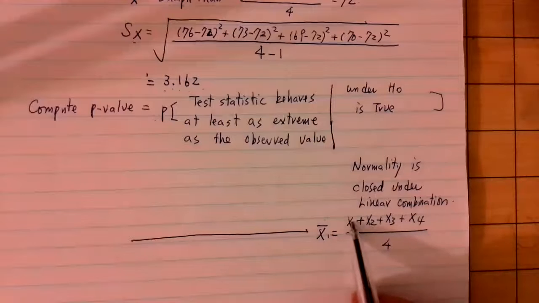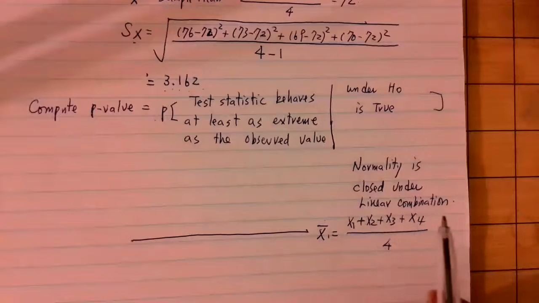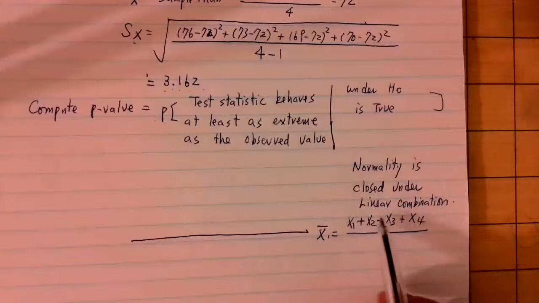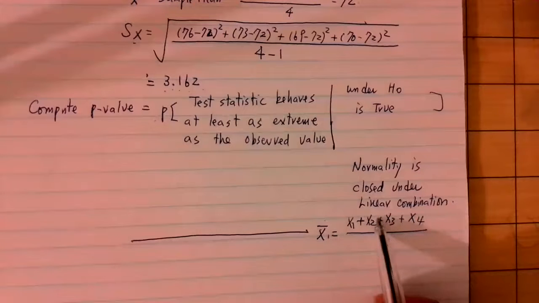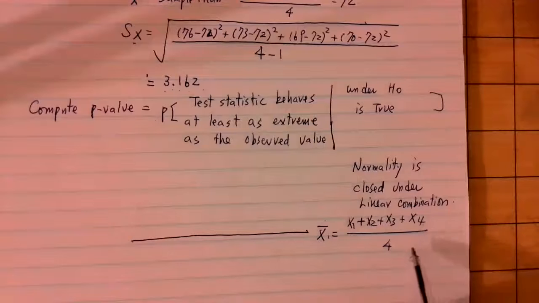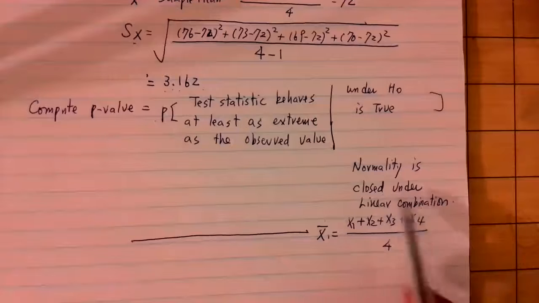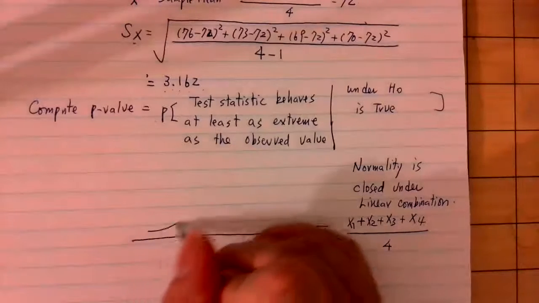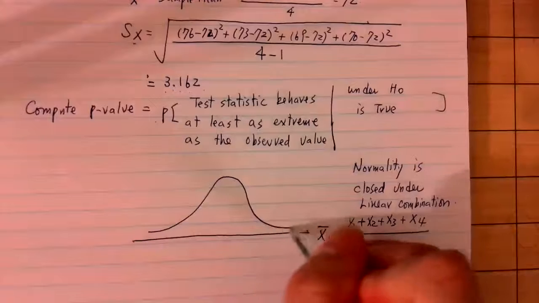We assume x1, x2, x3, x4 each follow a normal distribution. Normal random variables added up are still a normal random variable. A normal random variable times a constant, here 1/4, is still normal. This is called closure under linear combination. So X bar follows a normal distribution.